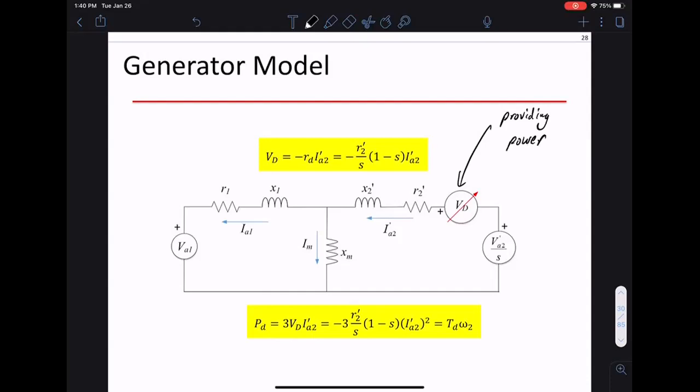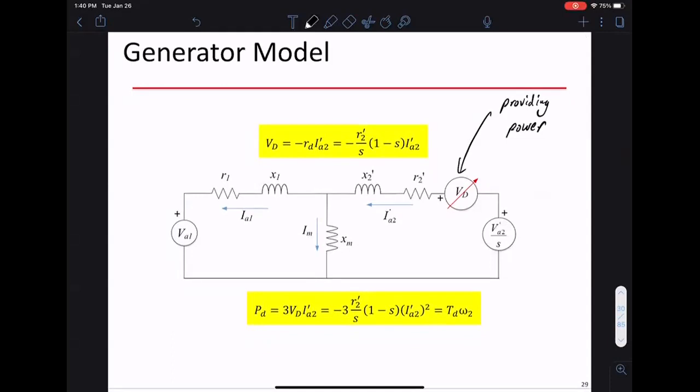If you have a wind turbine in the system, you can think of the rotation of the blade as creating a voltage in my equivalent circuit. This voltage has a current flowing out of it, and the power it delivers is this power.